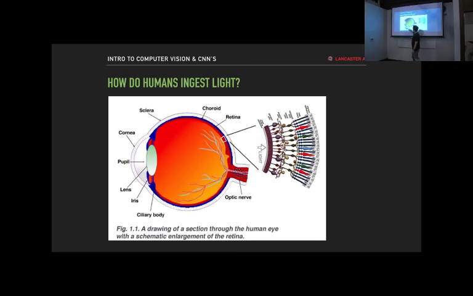Well, at the front of your eye, which is up here, you have your cornea, right? And then you have your pupil, which is the little black thing in the middle, right? And then you have the little color around your eye, right? Well, that little color stuff around your eye, its only purpose is to open and close your pupil, right?